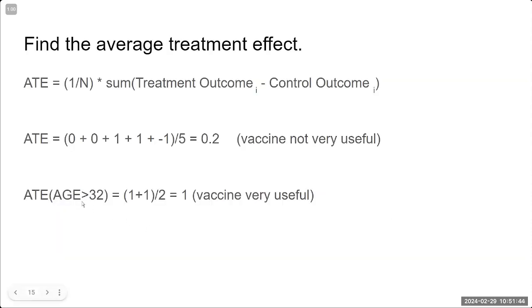So we can find conditional treatment effects. If we condition on age greater than 32, the causal effect will be 1, which indicates that the vaccine is very useful. So we can understand that confounding variables can play an important role in finding whether a treatment is useful or not.